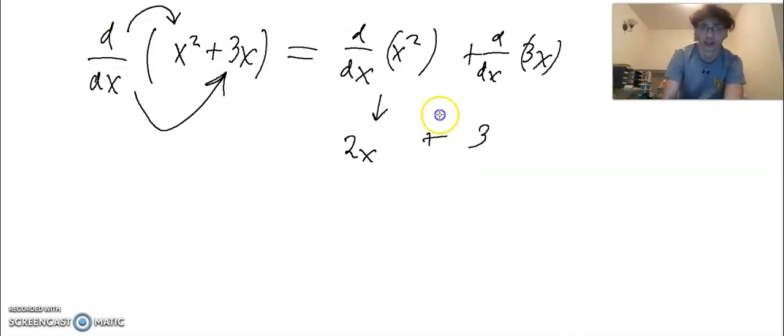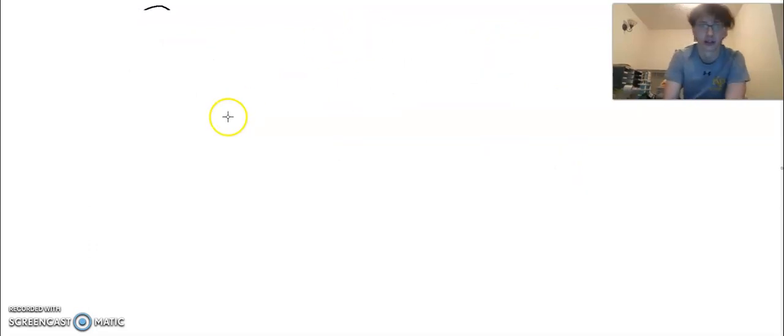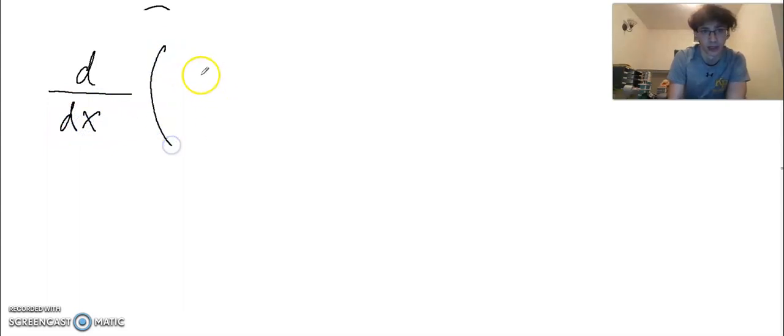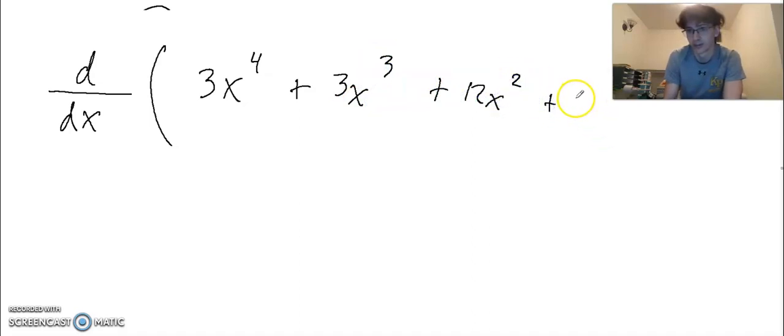So real quick, let's do an example, then we'll get into our lesson. So let's say we want to take the derivative of 3x to the fourth plus 3x to the cubed plus 12x squared plus x plus 2.